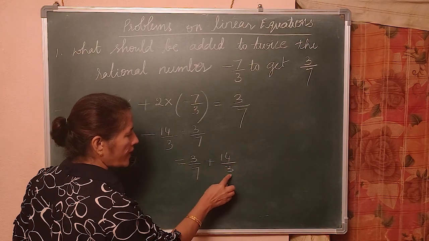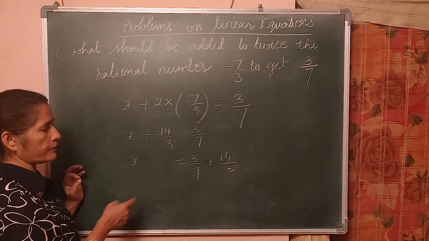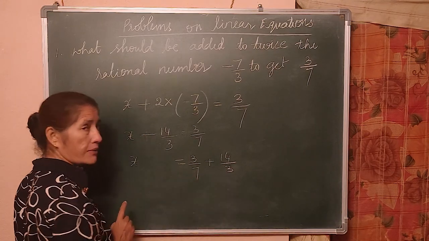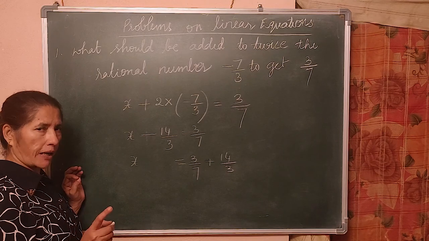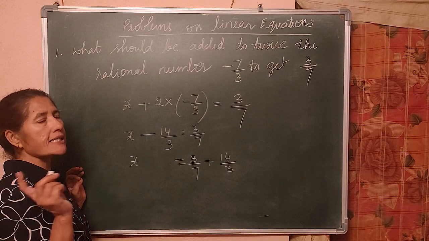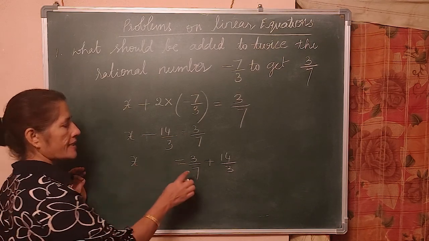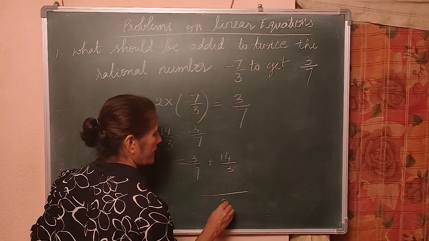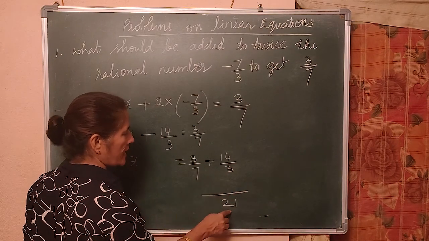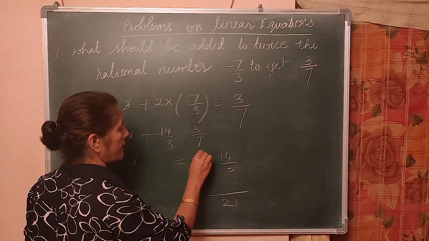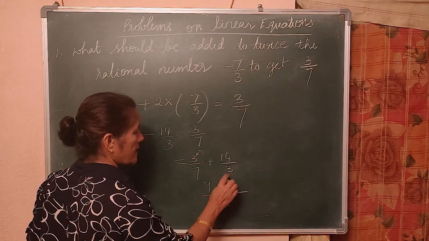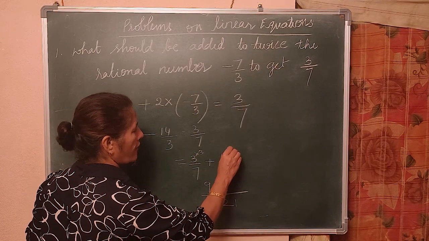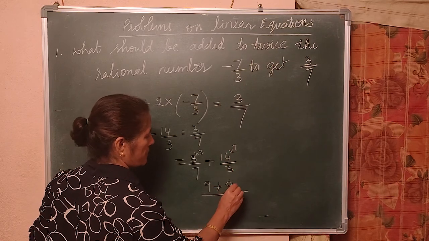Whenever the denominators are different, you have to take the LCM. Both are prime numbers. When both are prime numbers, the product itself is the LCM. 7 3s are 21. 7 3s are 21. That 3 you have to multiply. 3 3s are 9. Plus 3 7s are 21. 7 14s are 98.